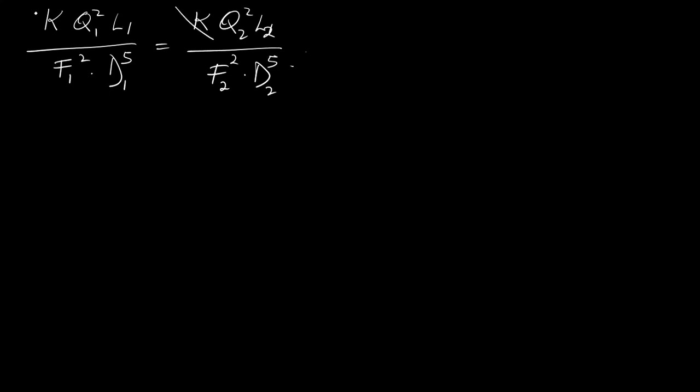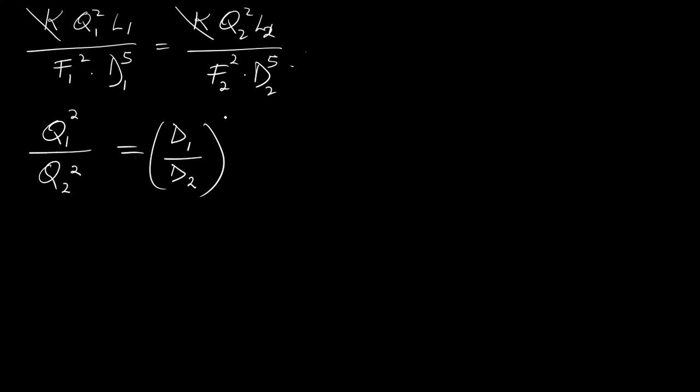So this K will cancel out this here. Now from this equation it means that Q1 square divided by Q2 square is equal to D1 all over D2 all raised to the power 5 times F1 all over F2 all raised to the power 2 times L2 all over L1.